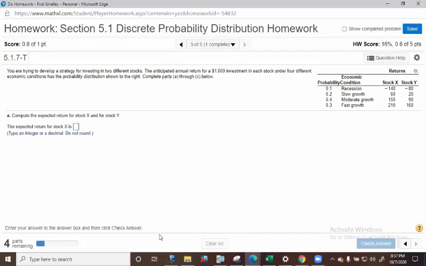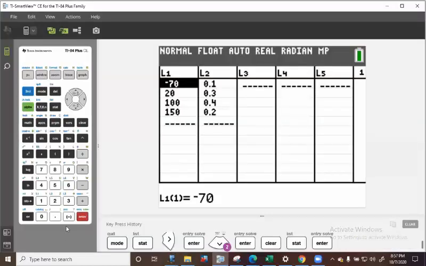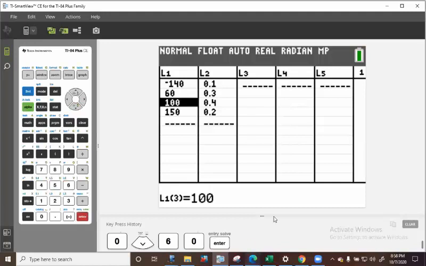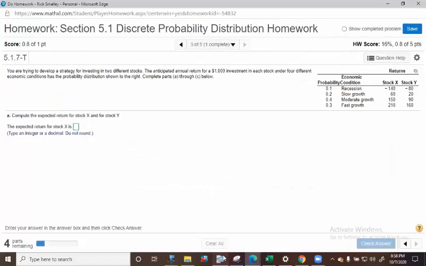I'll try to remember all that, but I'll probably have to come back to it. Now negative, make sure you use the negative at the very bottom. Do not use the subtraction symbol. That will certainly give you an error. Use that little negative for negative numbers. I think it was 60, but if I'm wrong there, I'll change it. It was 60, and then 150 and 210.